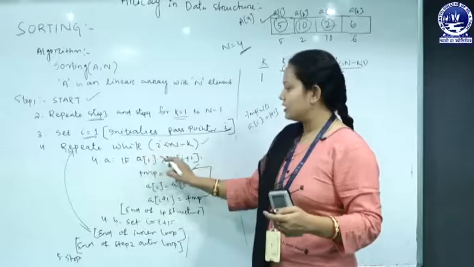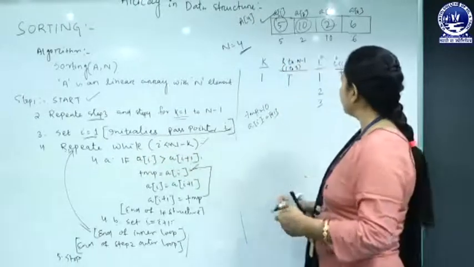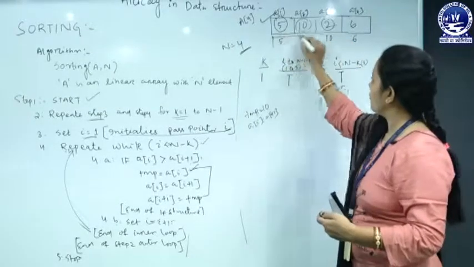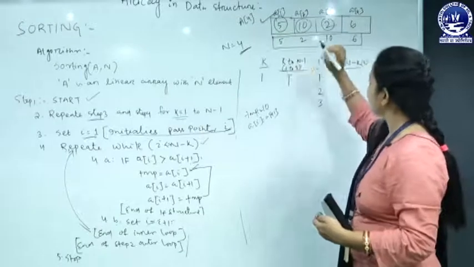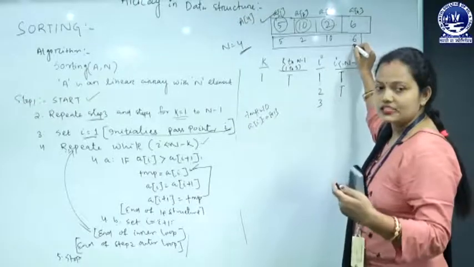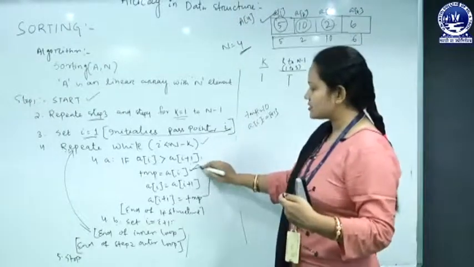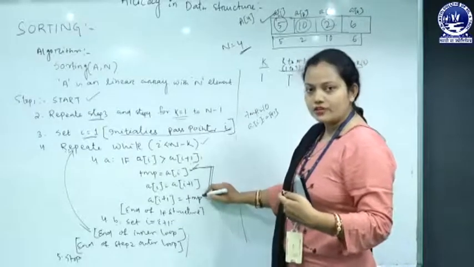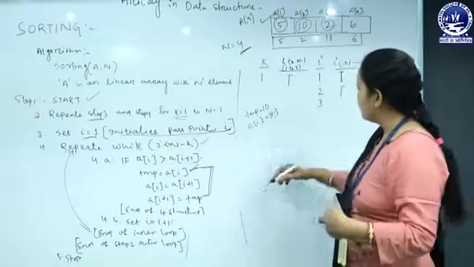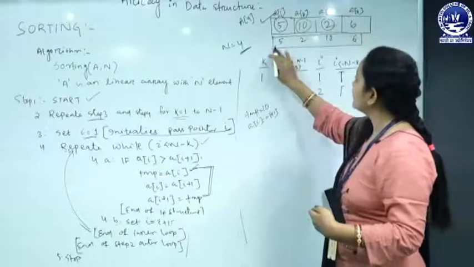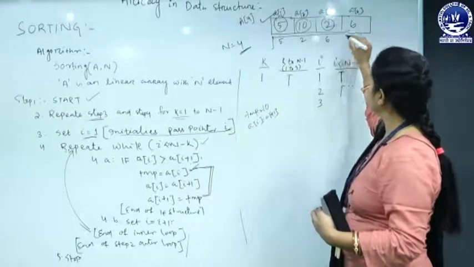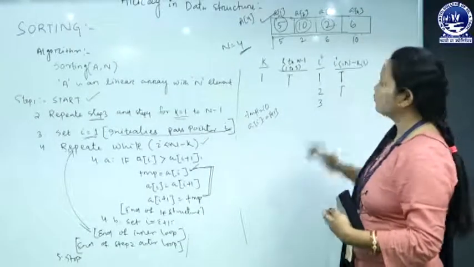If A of I is greater than A of I plus 1, that means A of 3, consider this the new array, that is 10, and 10 is greater than 6. This condition is true, so we execute the if block statement, interchanging the values. The array becomes like this: 6 will be in the A of 3 location and 10 will be in the A of 4 location.